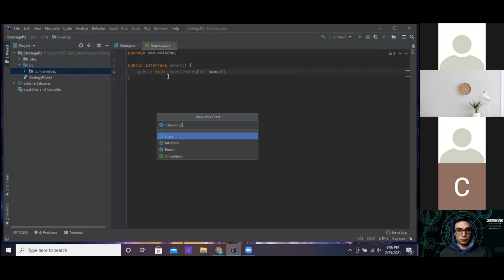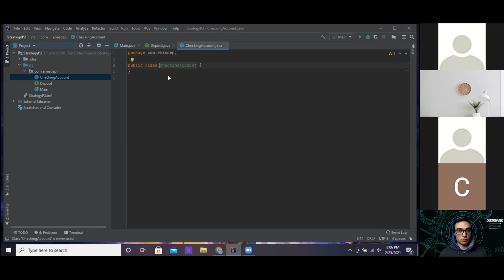Make a checking account, which implements deposit.